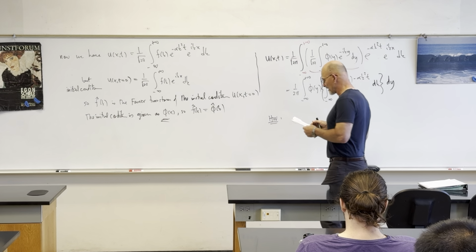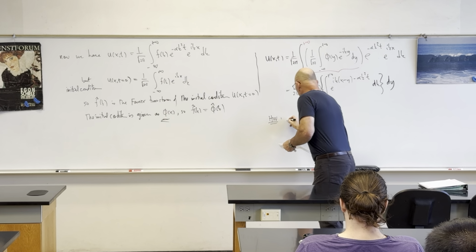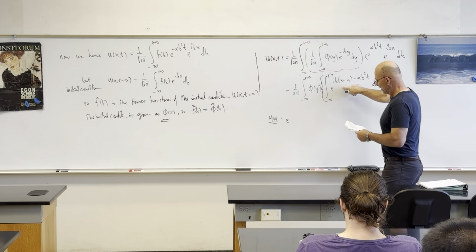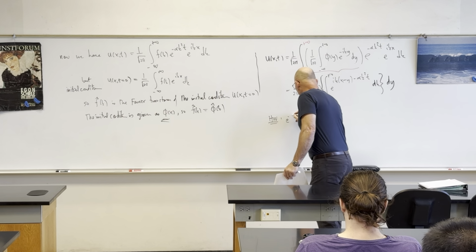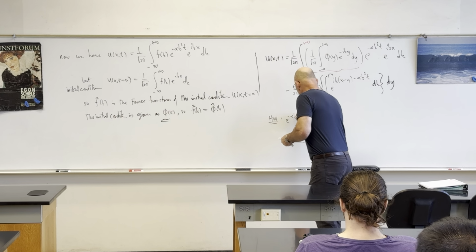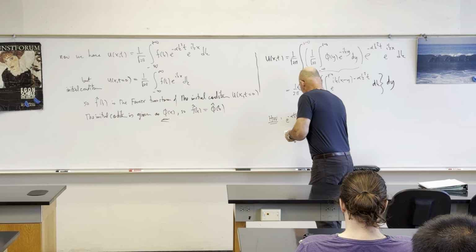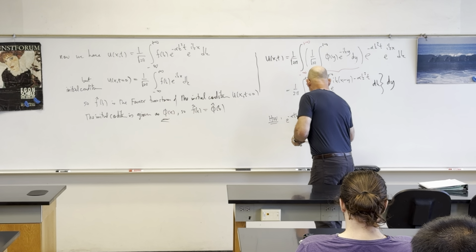I'll put this in 2 steps. Okay. So we're going to take these right here: e to the minus alpha t k squared plus i k times x minus y.